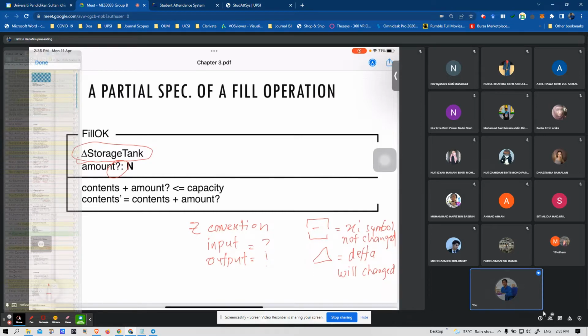This one we name it as invariant after. What is invariant after? Invariant after is the state before and after the operation. This one is after the operation.